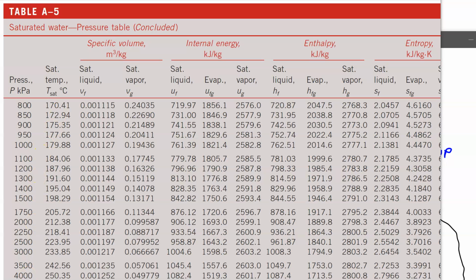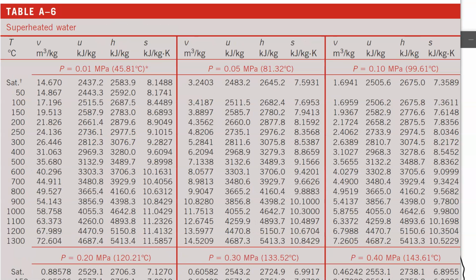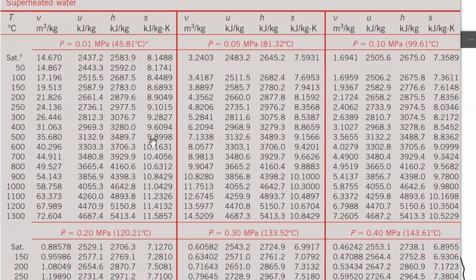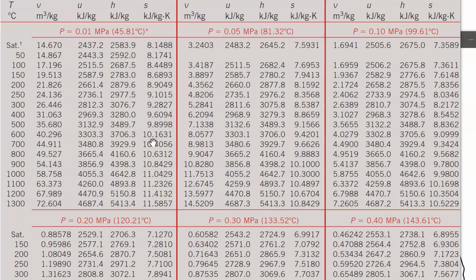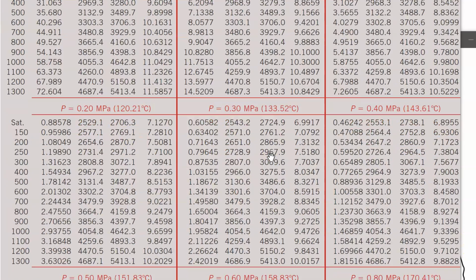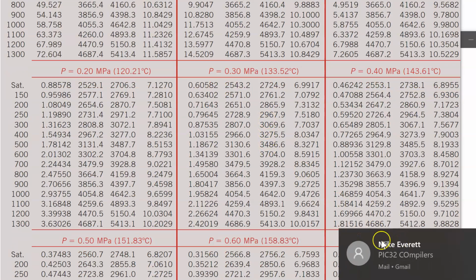So I'll pull up the superheated tables, see if you can find the values. Okay, table A6 is the superheated water or steam. We have a pressure of 800 kPa, but the pressures here are in megapascals, so 800 kPa is 0.8 megapascals.